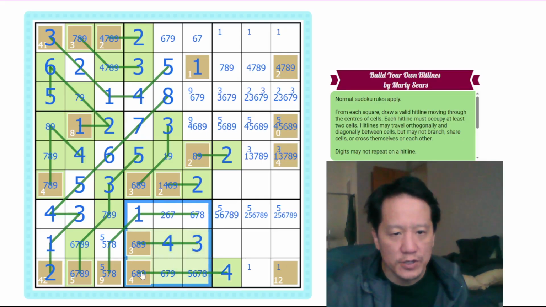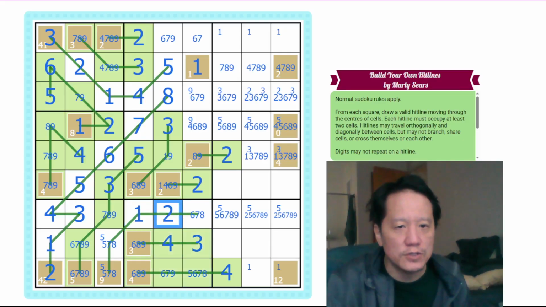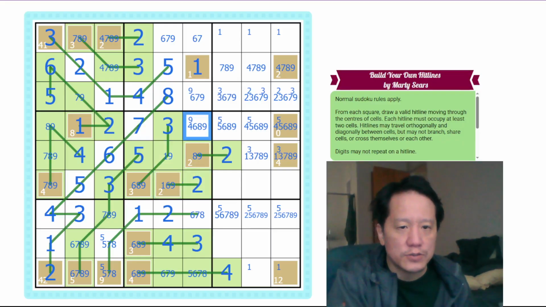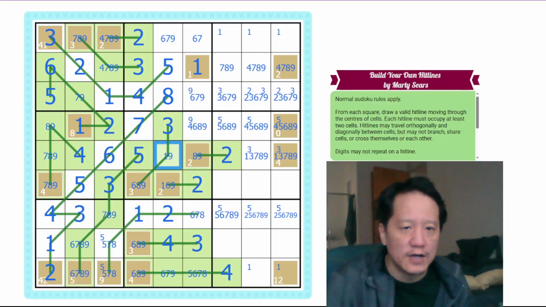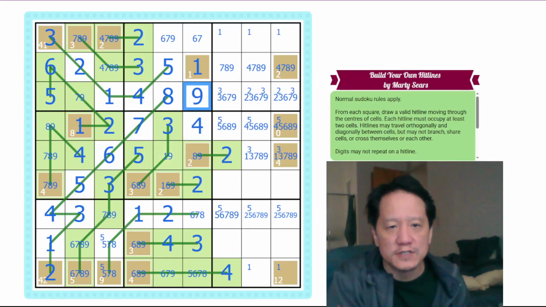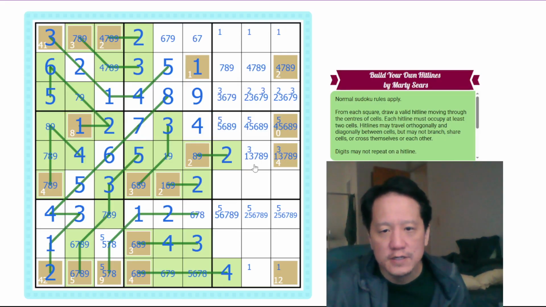Where's 2 in box 8? It has to be here. So this is 2 here. 4 here eliminates 4 here. So where's 4 in box 5? It has to be here. So this is 4, which means this has to be 9 as the hit line.